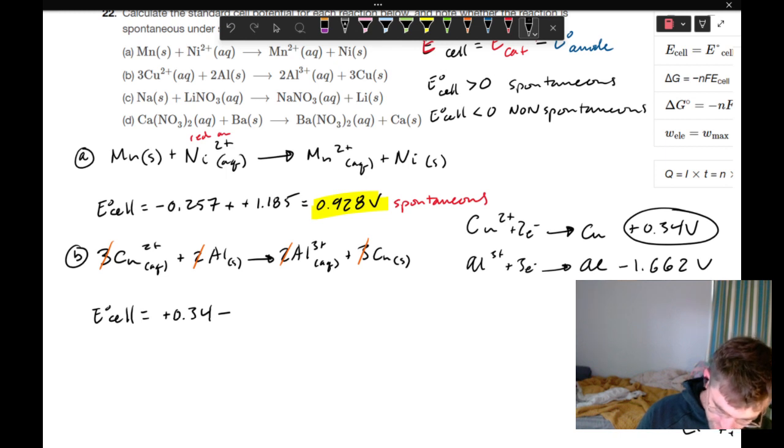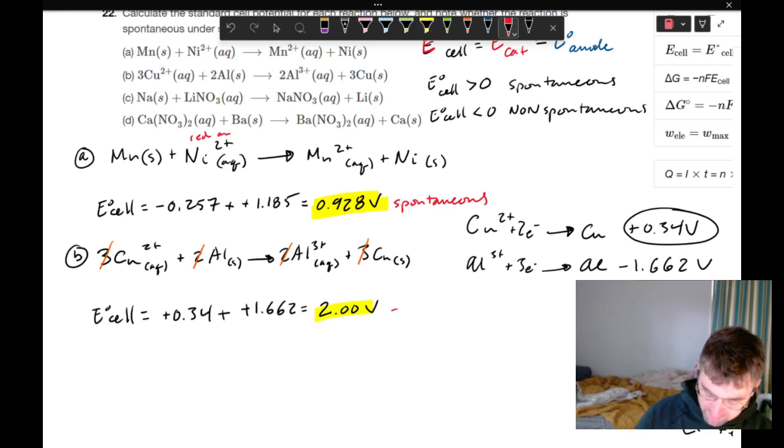For aluminum, that is negative 1.662. Subtracting a negative, we get a positive. And that is 2.00 volts. Again, this is a positive value. So this is spontaneous.